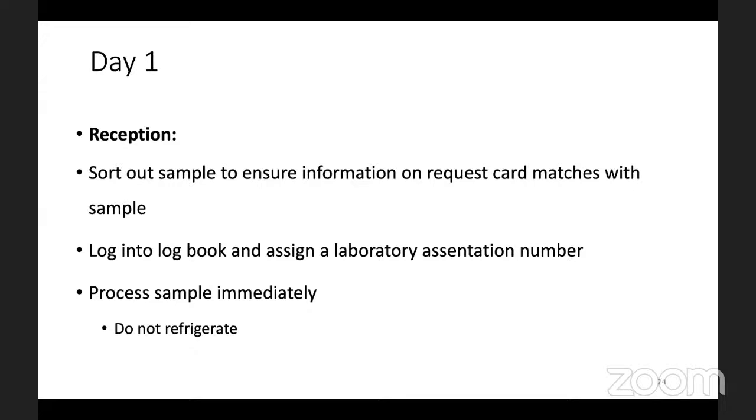Yeah. So your samples, once you sort all those things out, you give them a laboratory accession number, and then you process it immediately. For these samples, we do not recommend you refrigerate because they can contain some bacteria that are killed when you refrigerate. So you process it immediately.